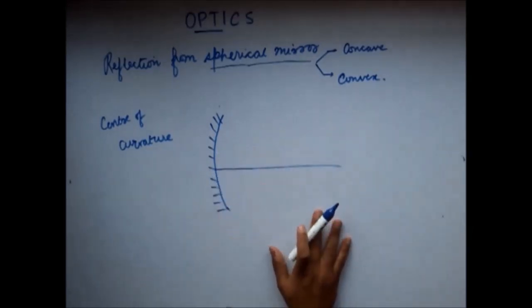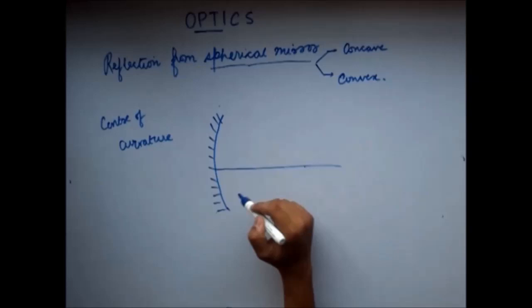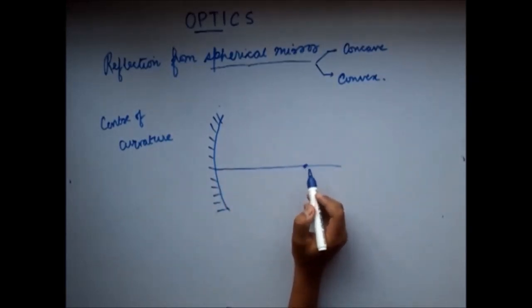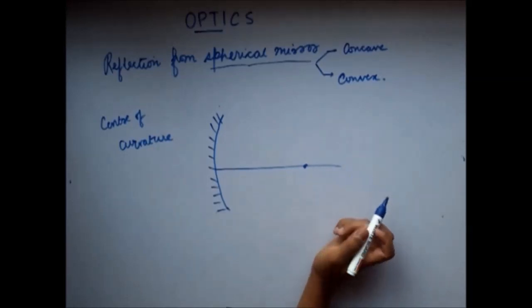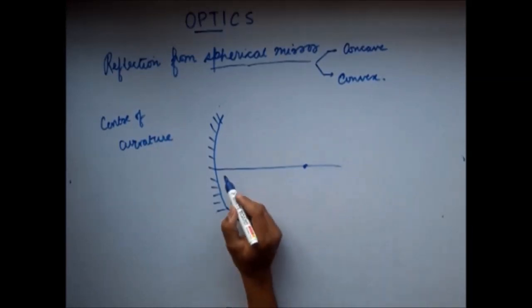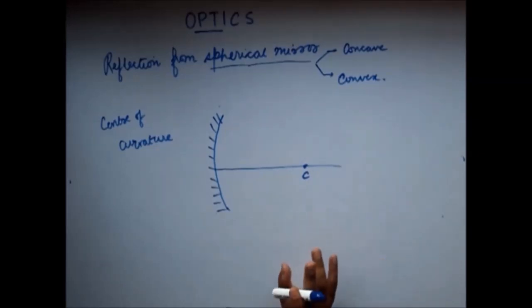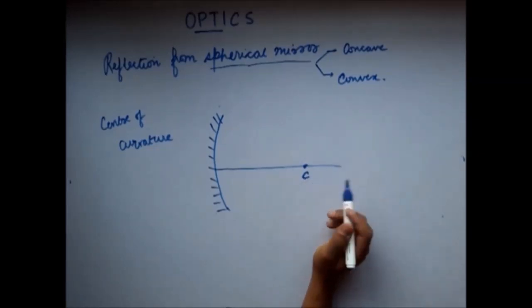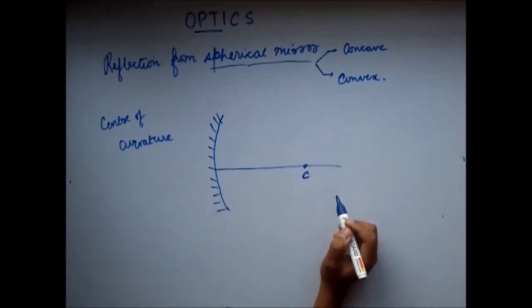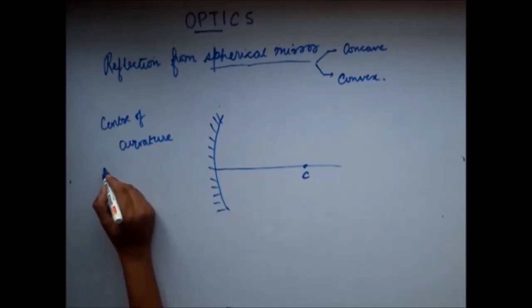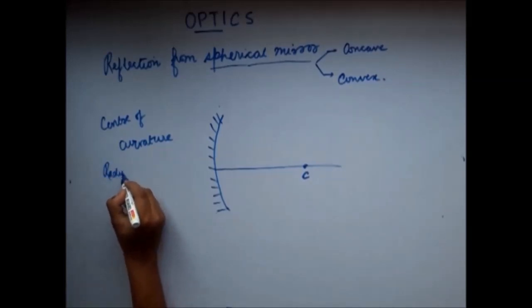This mirror has been taken from a bigger sphere. Let's say this is the center of that sphere. So the center of the sphere of which this mirror is a part is known as the center of curvature.